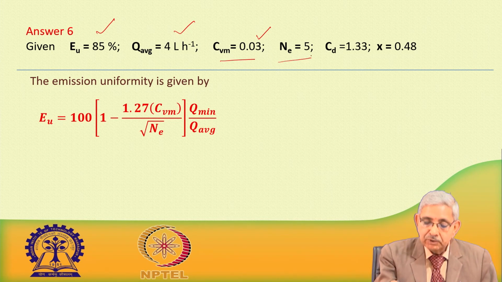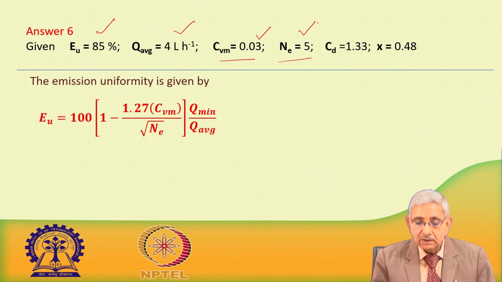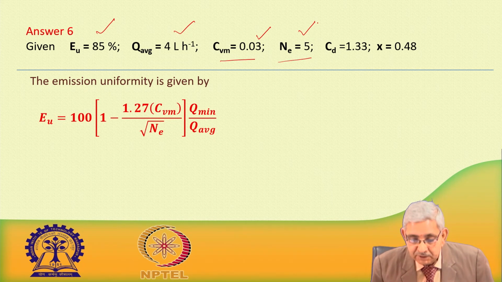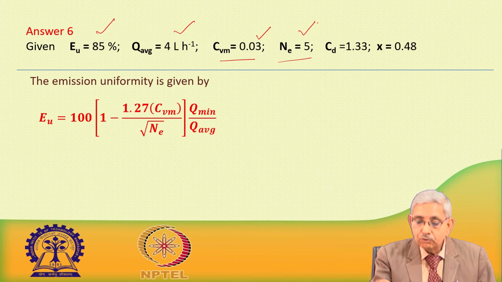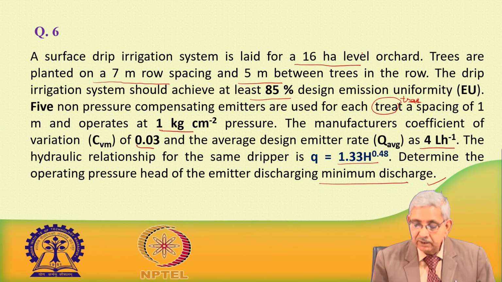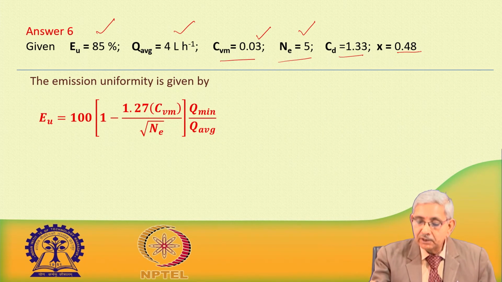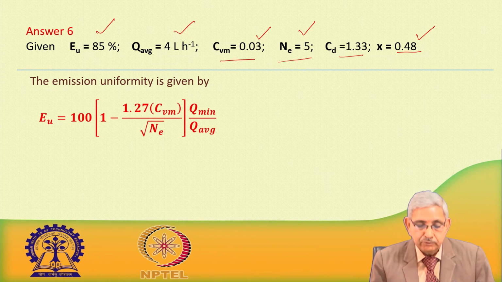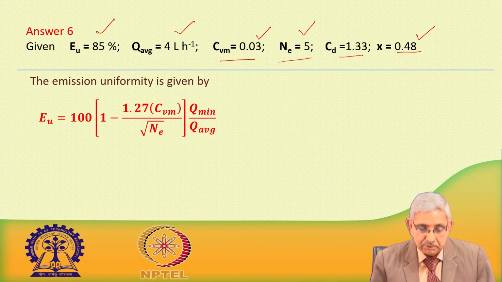Each tree is given 5 non-pressure compensating drip emitters. The coefficient of discharge is Cd equal to 1.33 and the exponent is x equal to 0.48. This equation has been repeated, so I am not reading it again.